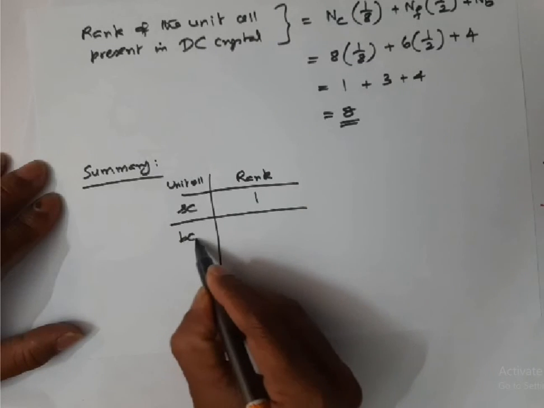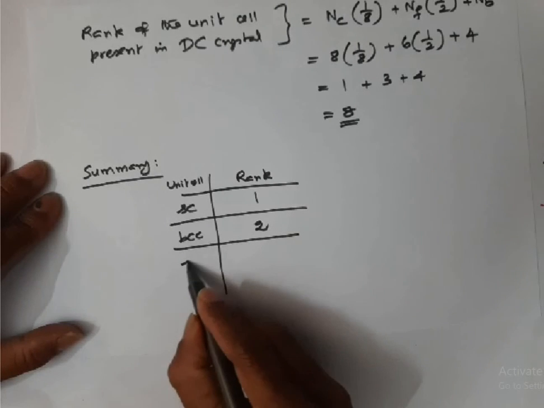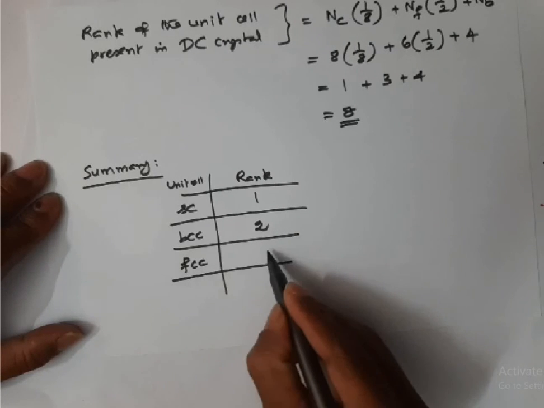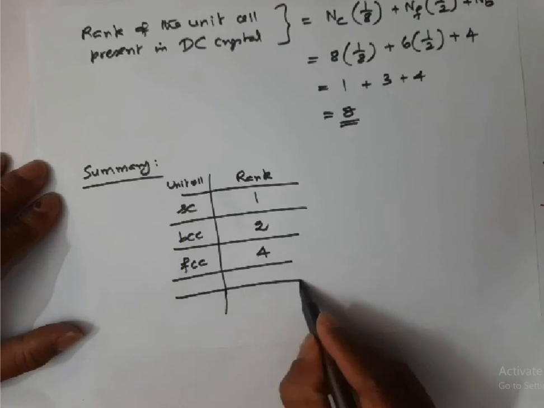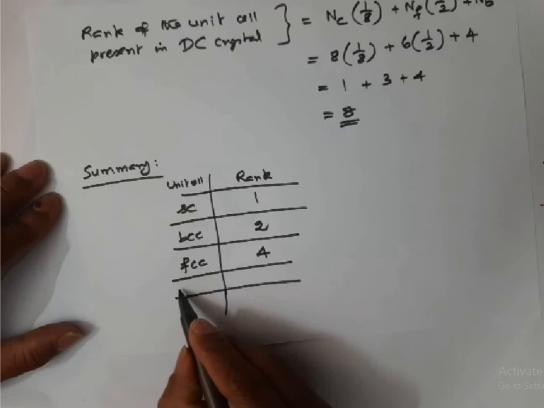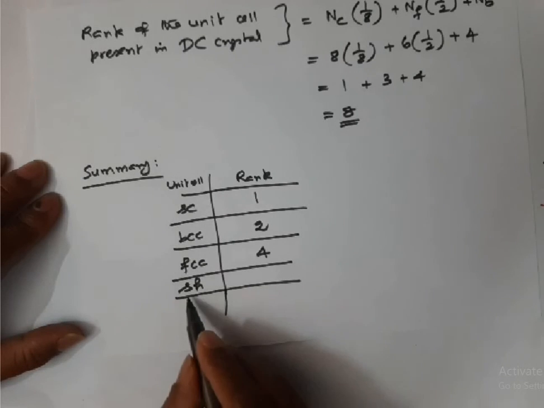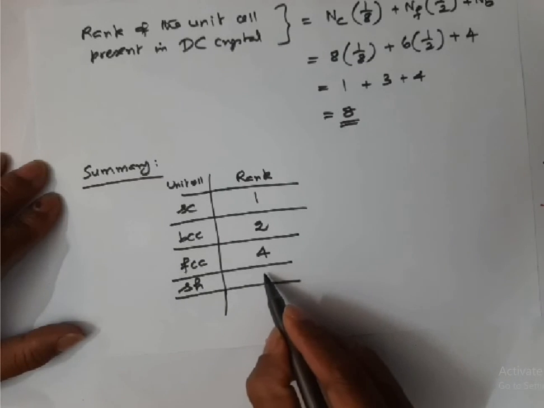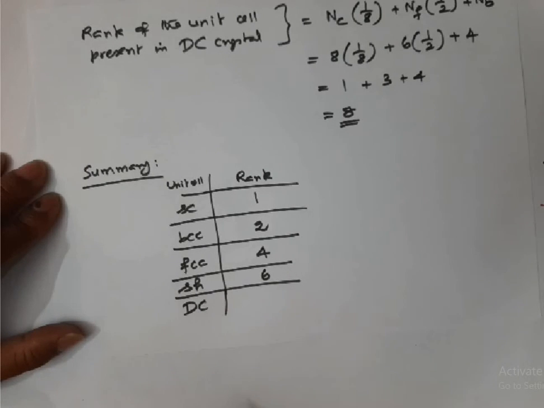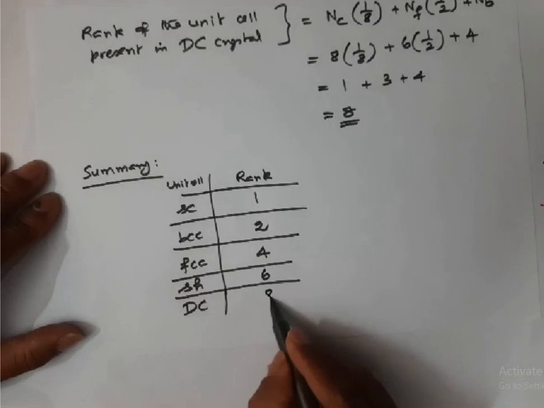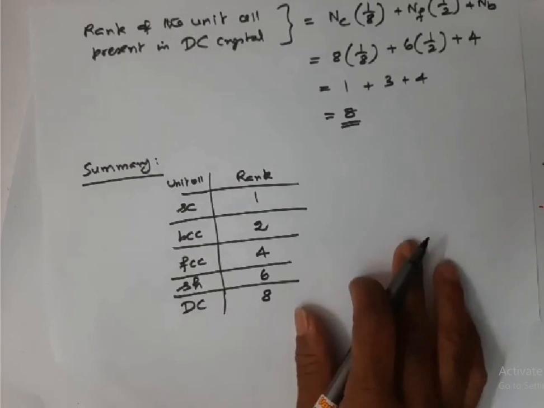For body centered cubic unit cell, rank is 2. For face centered cubic unit cell, rank is 4. For simple hexagonal unit cell, rank is 6. For diamond cubic unit cell, rank is 8. Remember this. This is very, very important data.